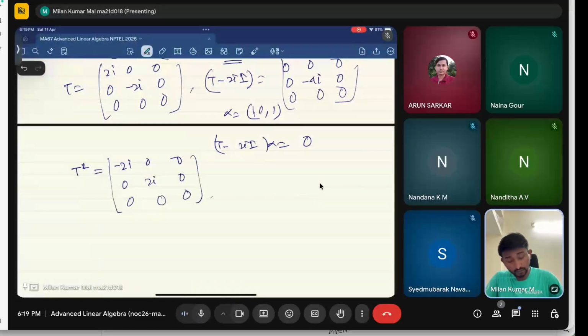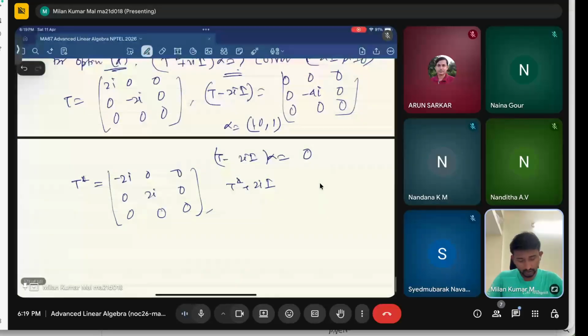Now T star plus 2i times identity, what is it? It will be 4i.